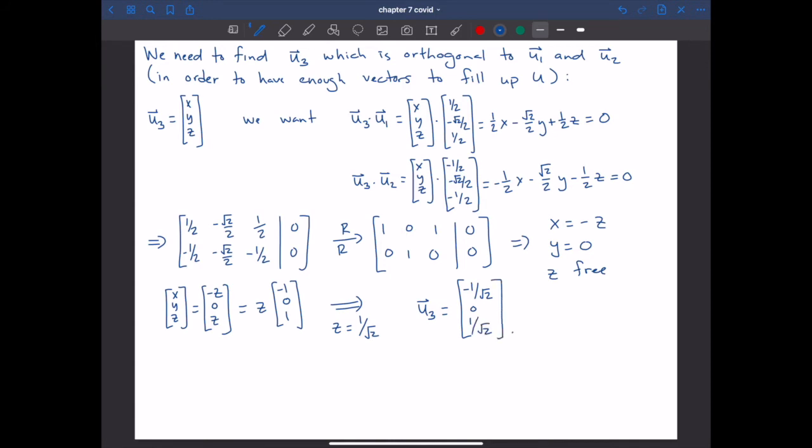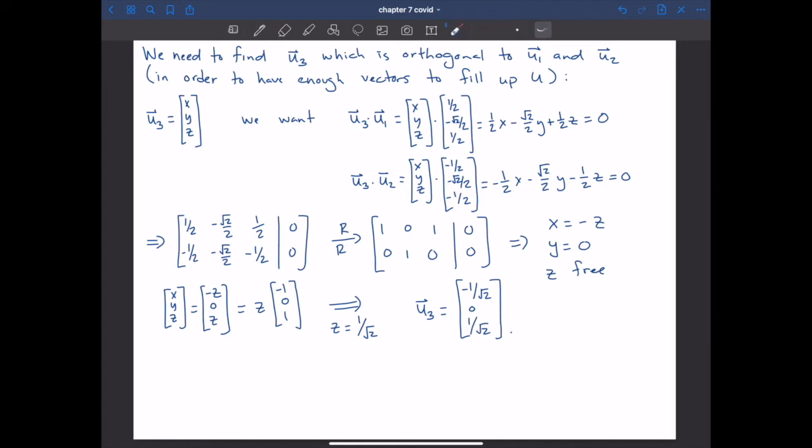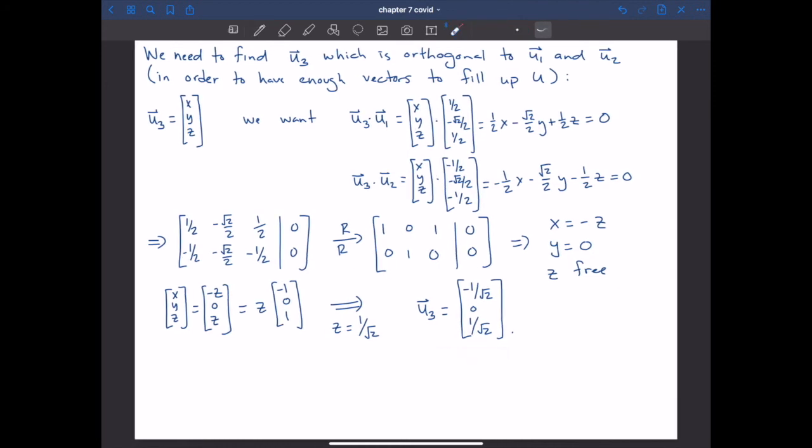At this point, it's always a good idea to double check. Let's make sure that this is a unit vector. It's supposed to be a unit vector, and it is. The other thing we should check is that we tried to pick this vector so that it was orthogonal to both U1 and U2, and if we check, it is indeed orthogonal to both. So this is a good choice of a U vector.